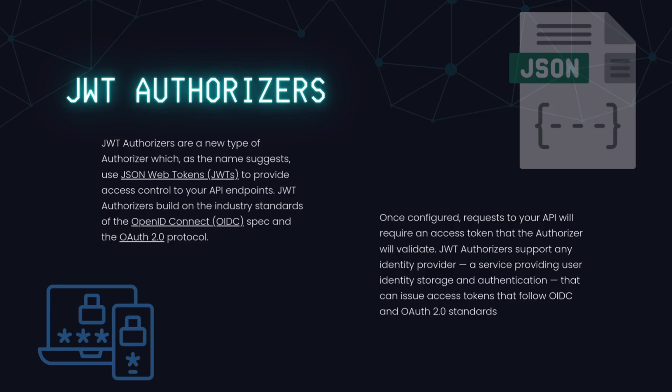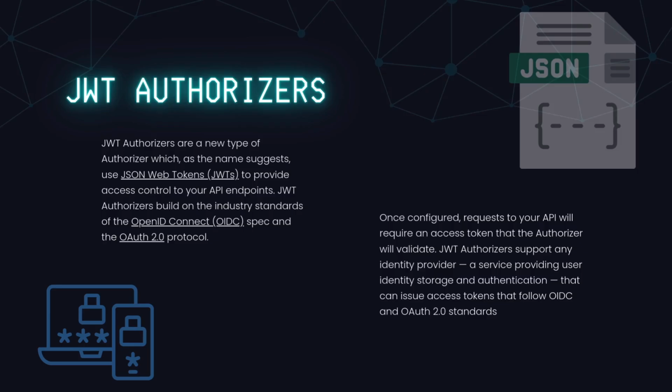And also, once it is configured, it requires your API requests to include an access token that the authorizer will validate in the backend. And the access token must adhere to the format of JWT. Then the authorizer validates a number of standard reserved claims following the JWT spec, and it also has a particular algorithm to validate your token.